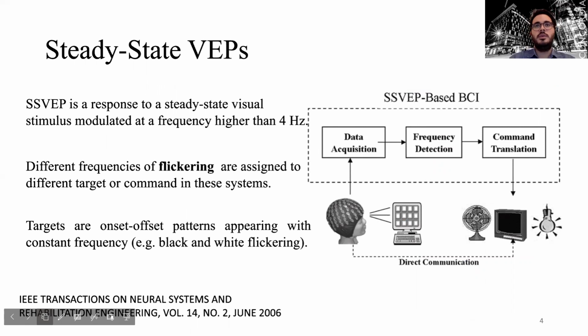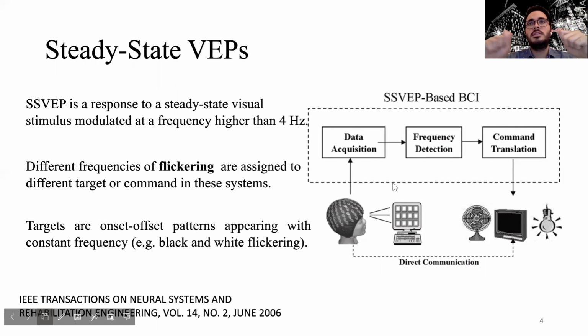One of the most important VEPs are steady-state VEPs, which are called SSVEP. SSVEP is a response to a steady-state visual stimulus, modulated usually at a frequency higher than 4 Hz. Different frequencies of flickering are assigned to different targets or commands in these systems.